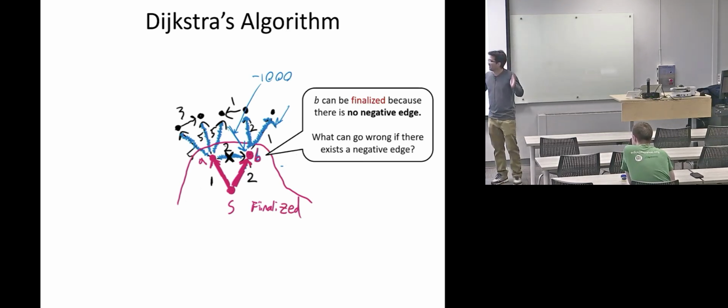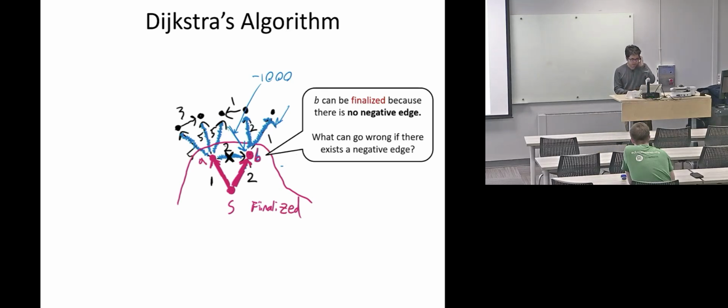That's why this intuition of water flowing doesn't work when we have negative length. But with positive length, the finalized set is monotonically growing. Anyone that we have finalized will stay finalized. That's the case when the graph has no negative length.